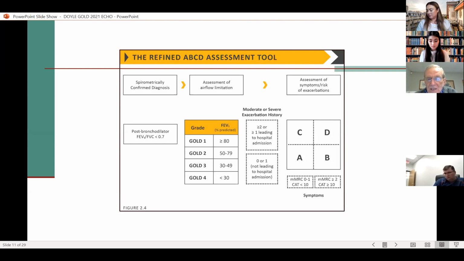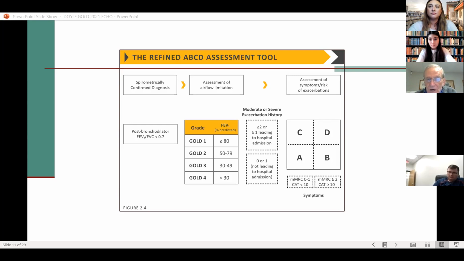And the grade is simply their obstruction severity in terms of their FEV1% predicted. What GOLD uses, which is a little different from the American Thoracic Society, are these 4 categories. And if you just memorize 80, 50, 30, you'll be able to put them in here. It's a measure of the severity of their obstruction.